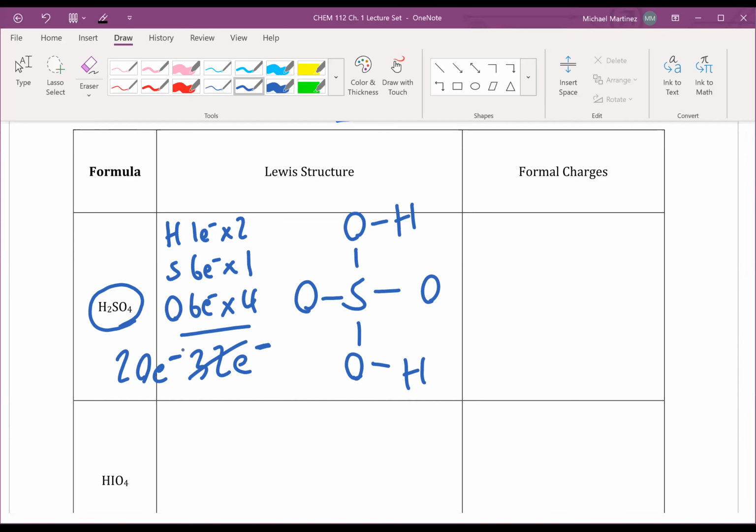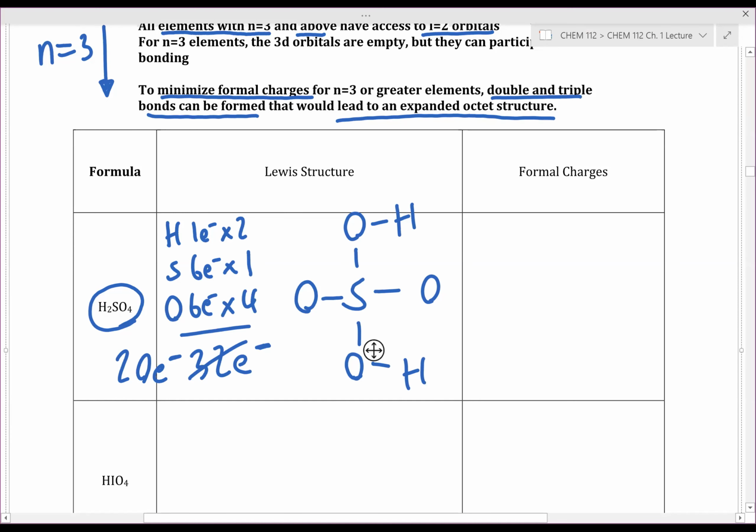Okay, so far so good. Now our next step is to take these 20 electrons and assign lone pairs. So where are we going to place our lone pair electrons first? On the oxygens, okay? And looking at this oxygen down here, it has a total of 2 bonds or 4 electrons to its name. How many additional lone pairs does it need? 2 lone pairs for additional 4 electrons. 1, 2, 3, 4.